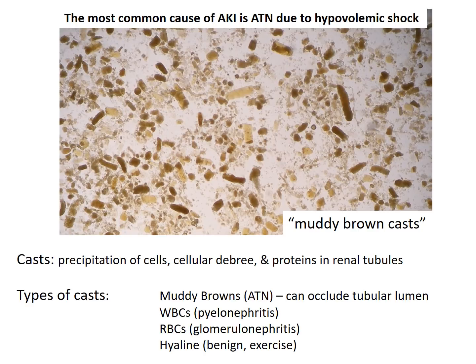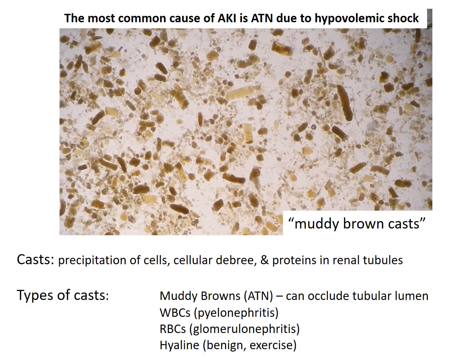Hate to be vulgar here, but they kind of look like little poops floating around in there. You can see why they call them the muddy brown casts. That is the accumulation, the precipitation of the debris of those epithelial cells dying and shedding into the tubular lumen. Okay, and they refer to those as a muddy brown cast.